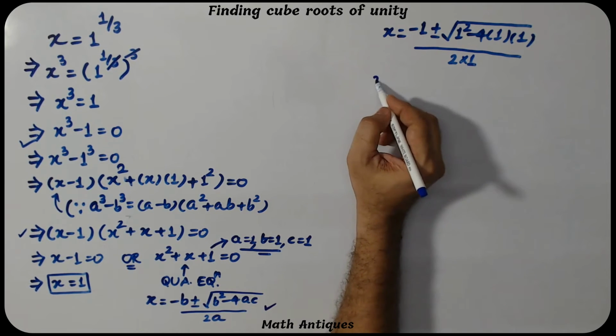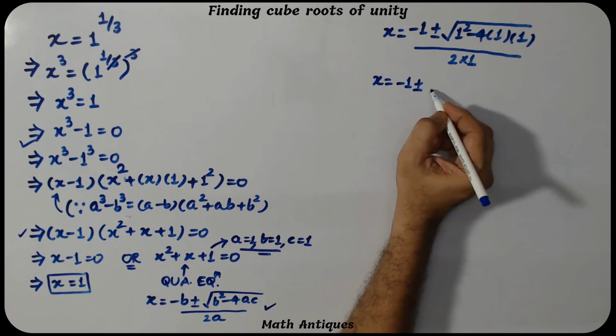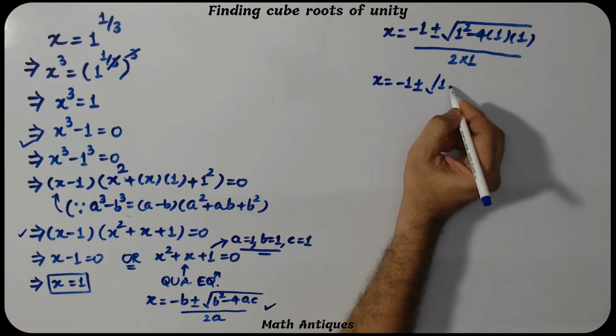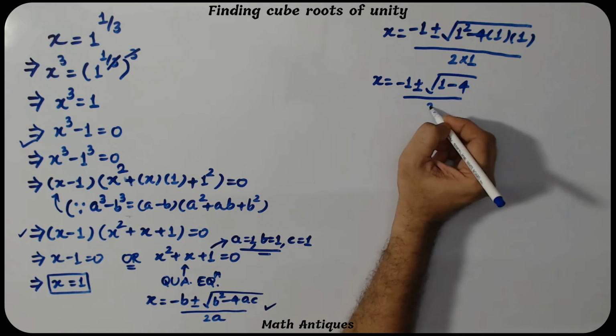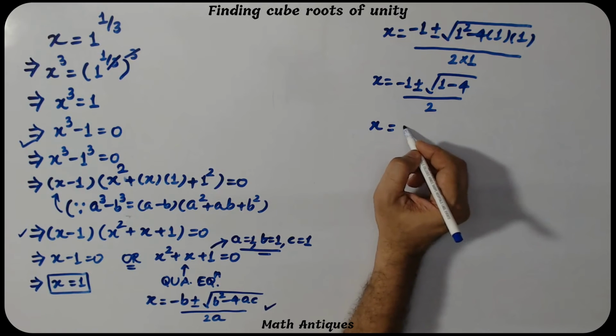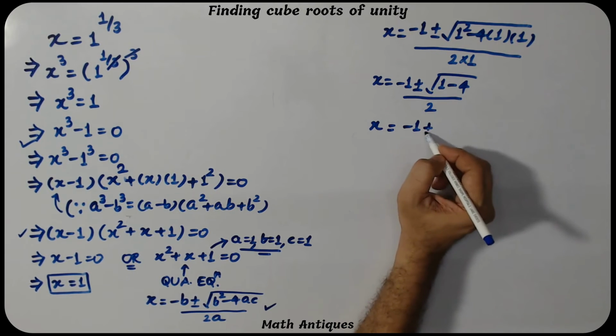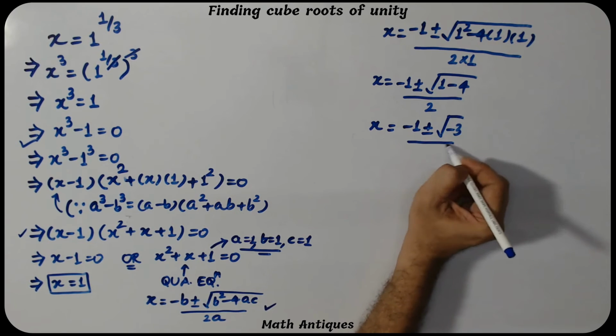Now it's time to simplify, and therefore x is equal to minus 1 plus or minus root of 1 minus 4 divided by 2 ones are 2. And therefore you can say x is equal to minus 1 plus or minus root of minus 3 by 2.